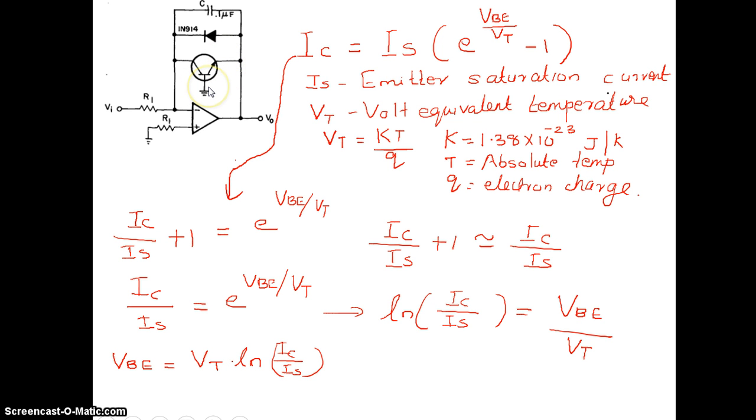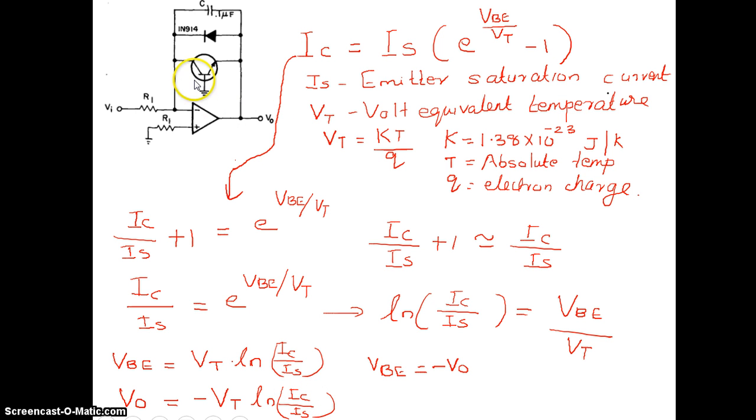The output voltage is emitter to base, so VBE will be equal to minus VO. So minus VO should be equal to VT ln IC by IS, that is, VO equals minus VT ln IC by IS.